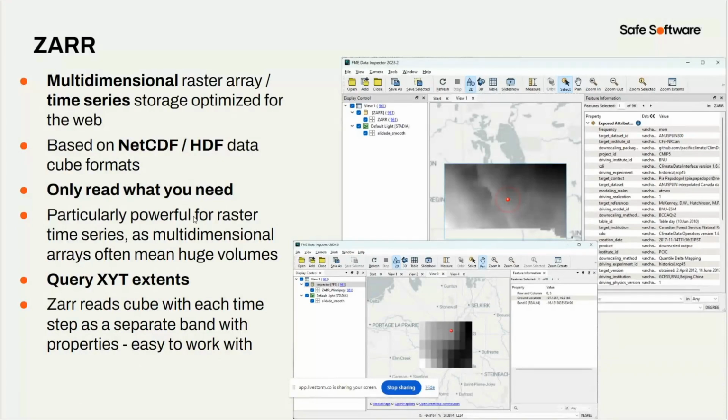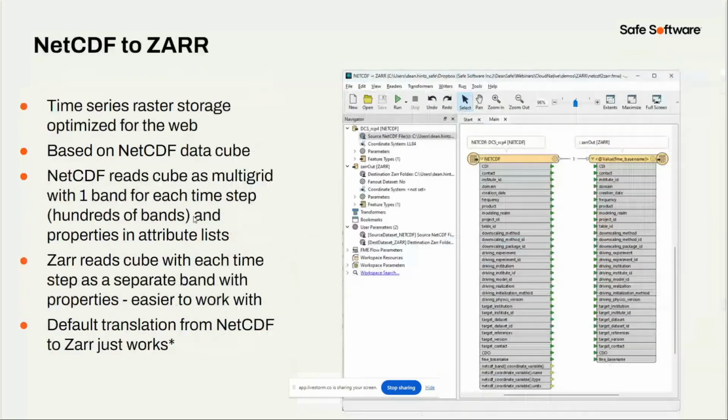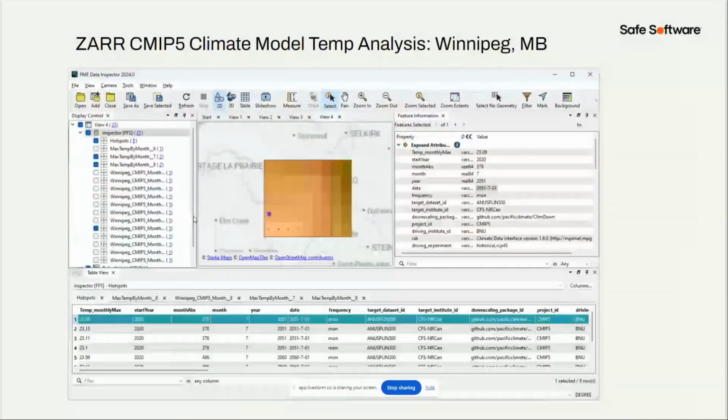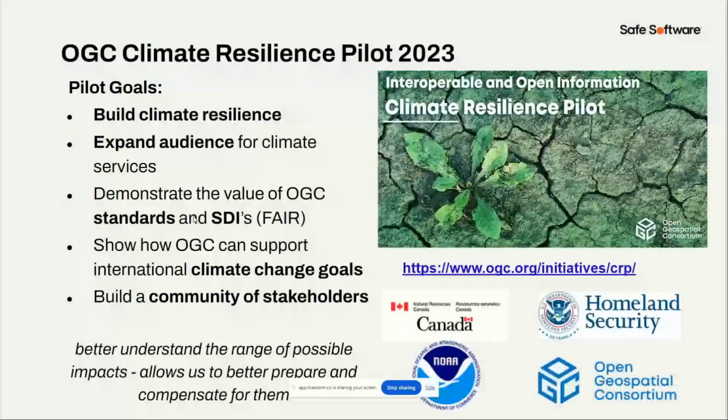So we can just extract, let's say, 10 years of data just around Winnipeg and do some temperature precipitation analysis on that. And even though the data structures are somewhat different, we can go straight from NetCDF to Zarr with, I love the ZeroTransformer workspace, and you get a usable result in the Zarr. So I've got some demos around that.